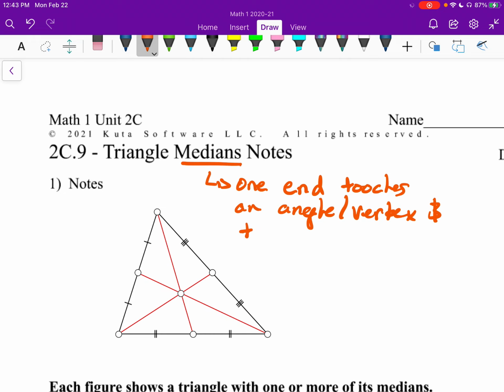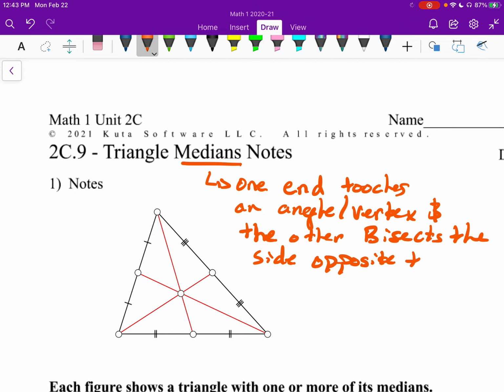And the other bisects the side opposite. Opposite the vertex.